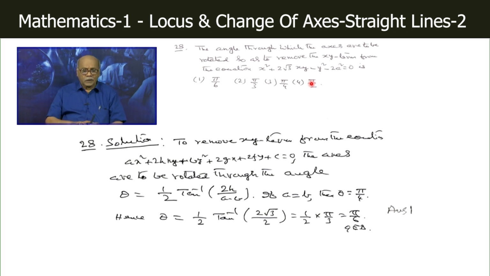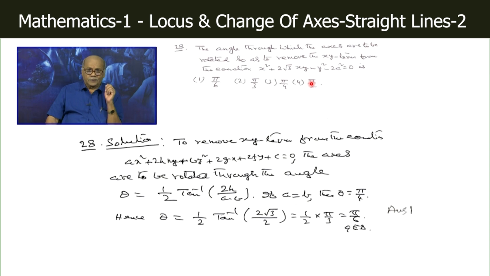Now, the rule to remove the xy term from the second degree equation: you have to rotate the axes in the anticlockwise sense through an angle theta, which is nothing but half of tan inverse of 2h by a minus b.